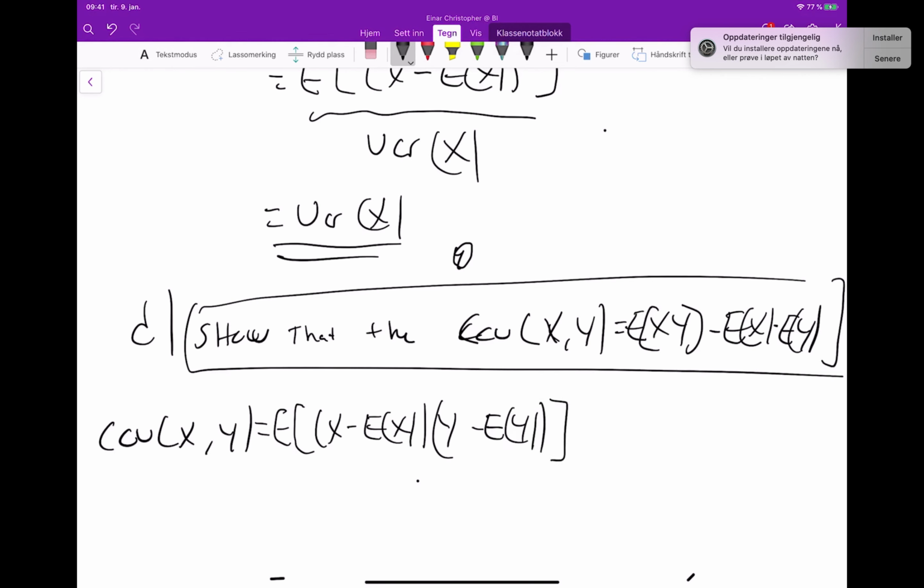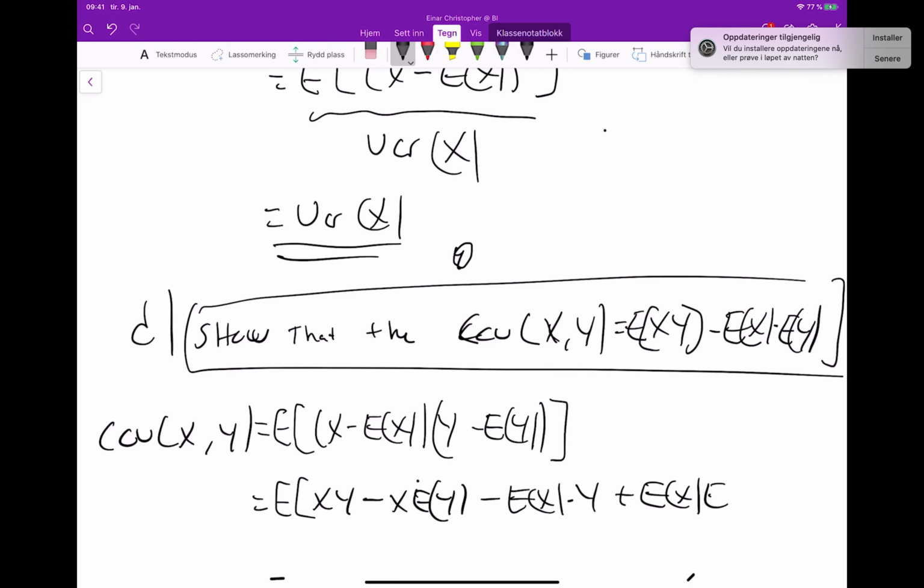Like this. So then I just multiply these parentheses out, and I get nothing else but x times y is xy, minus x times expectation of y, and then minus expectation of x times y, and then plus expectation of x times expectation of y.